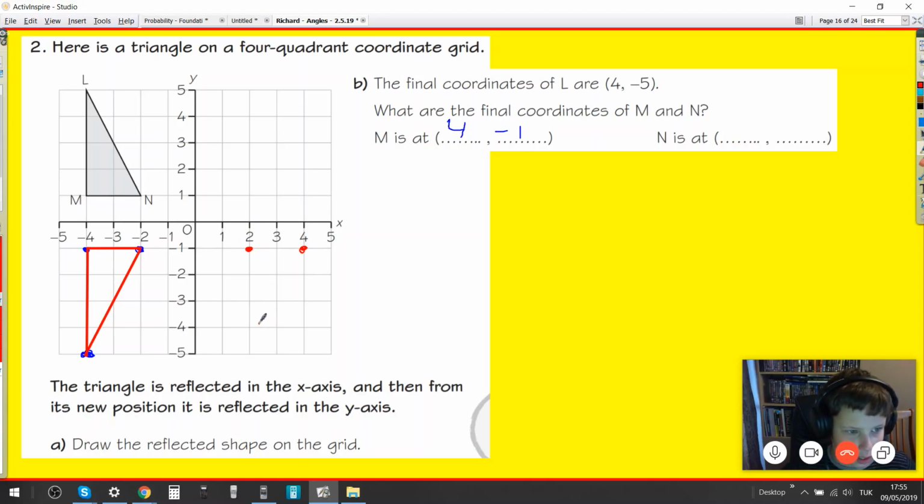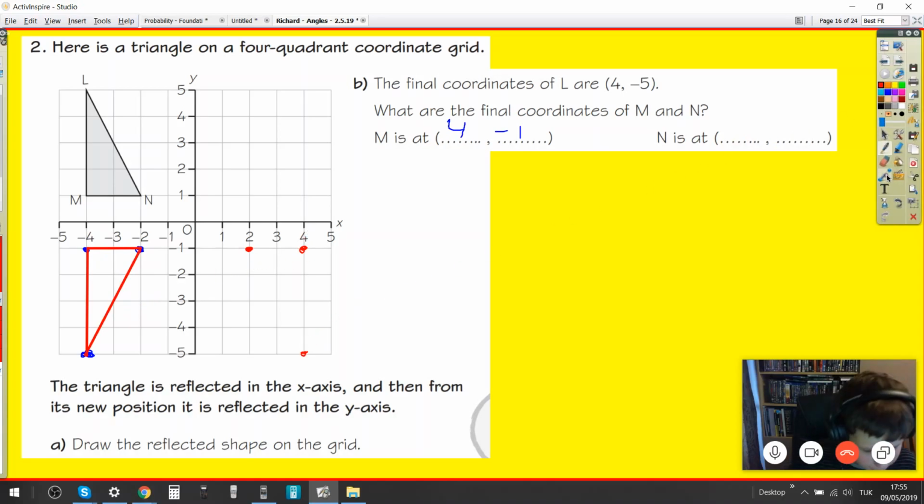Yeah. And then L would be at 1, 2. L would be at 3 minus 5. Yes. Not 3. Wait, no. 4 minus 5. Yes, that's it.